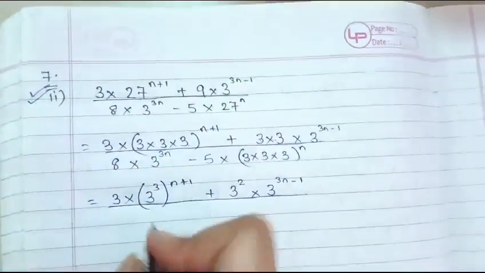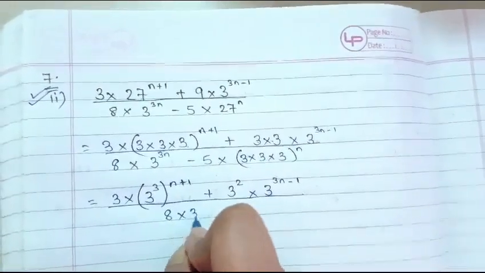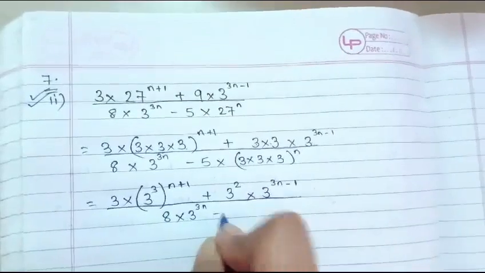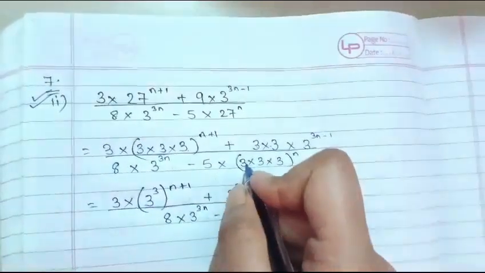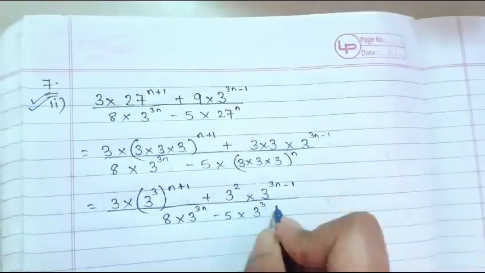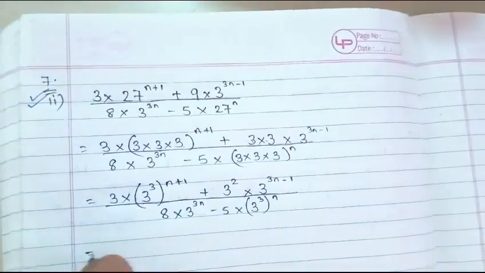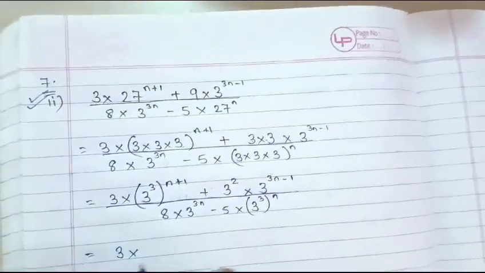Let's see what do we have below. Below we are left with 8 into 3 to the power 3n minus 5 into what do we have? 3 to the power 3, and this whole thing is raised to the power n. Okay, remember. Now what are we going to do in the next step?